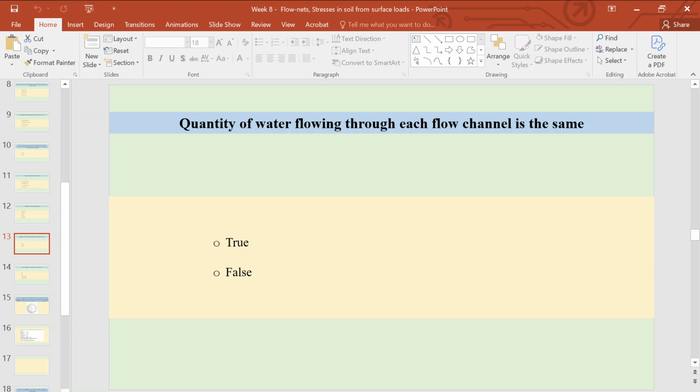Quantity of water flowing through each flow channel is the same. Is this statement true or false?